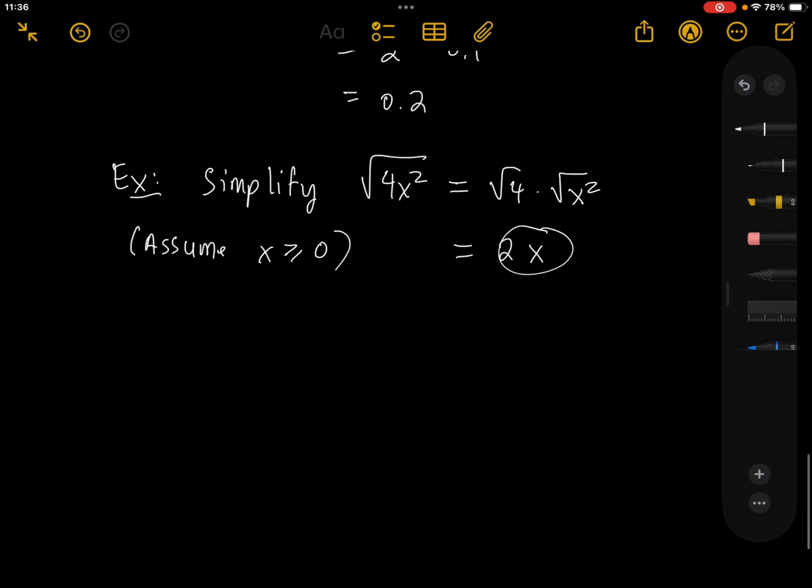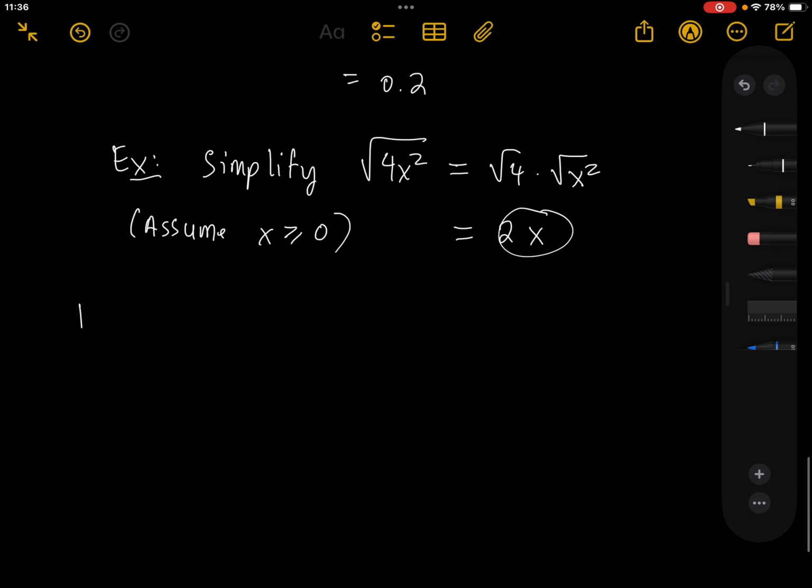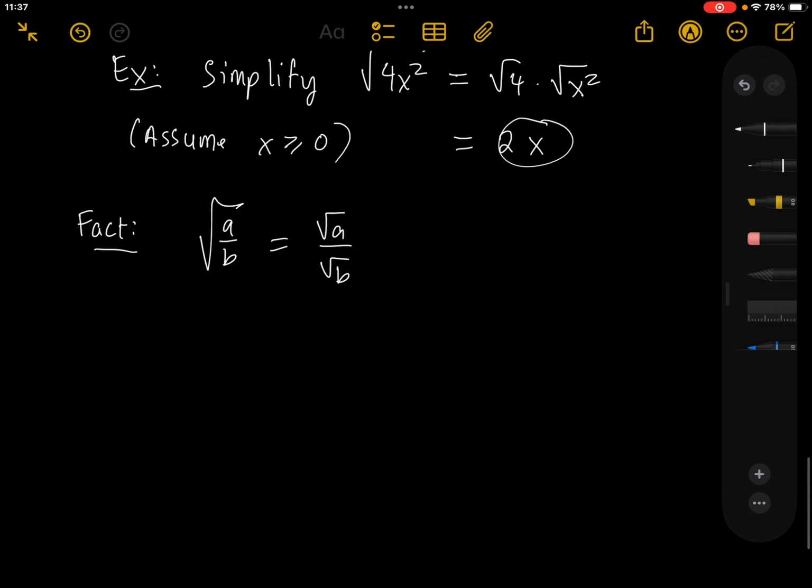Another related property is, if I have the square root of a quotient, a over b, that is the same as the square root of a divided by the square root of b. Let's again check why this is true. This is again assuming that a is greater than or equal to 0 and b is greater than or equal to 0.